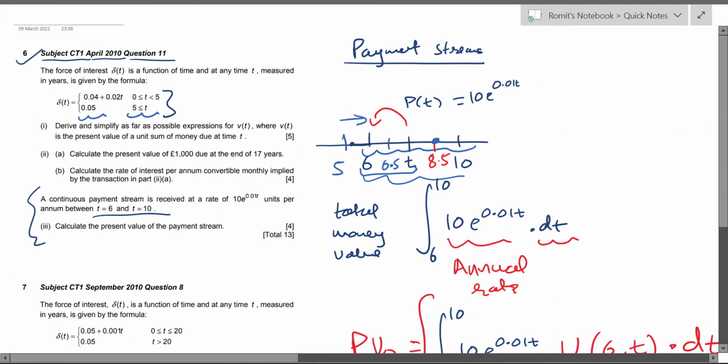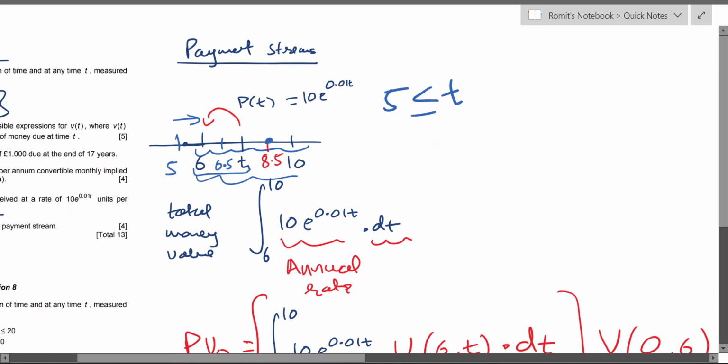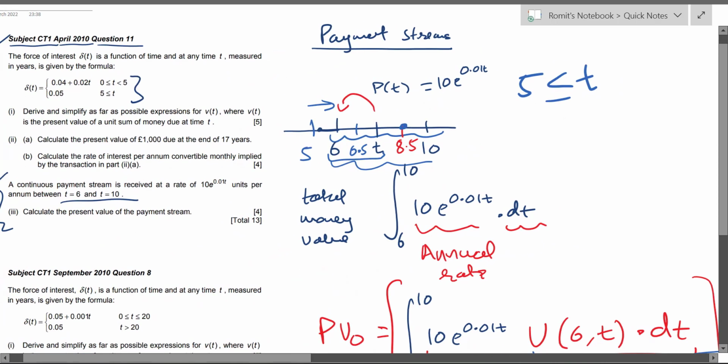What you could have done is that for any arbitrary time t greater than or equal to 5, what will be the discount factor for this time?